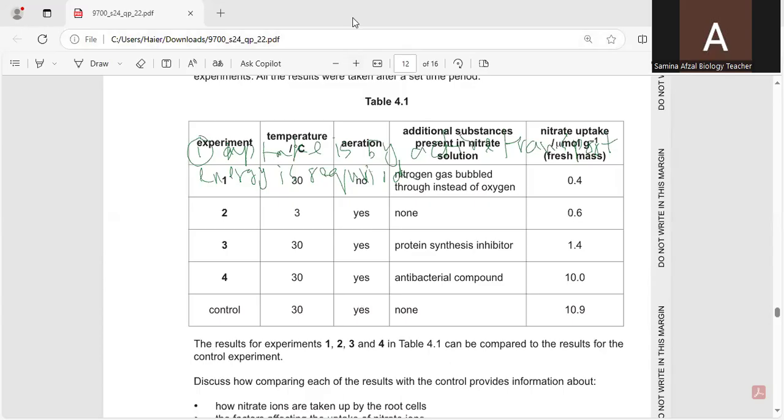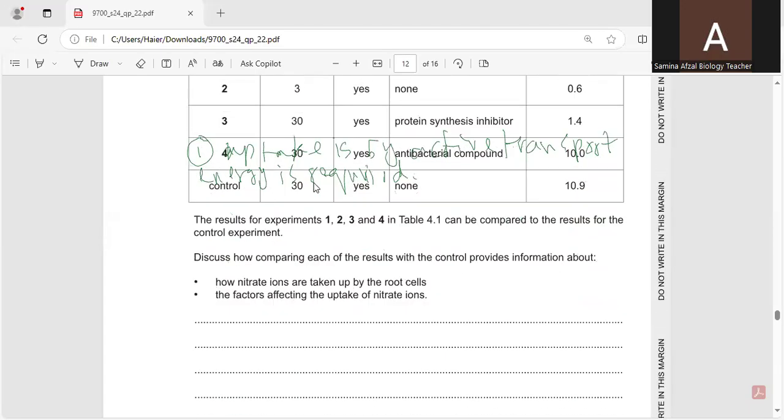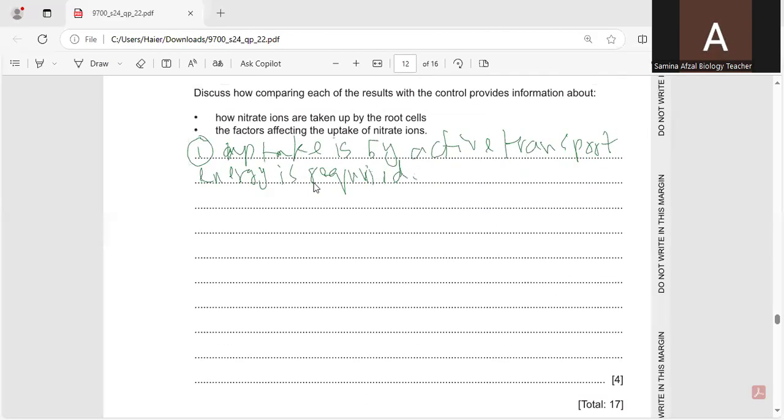So it also affects the rate of uptake. One factor is that ion uptake is by active transport, so it will be affected if energy is not available. The second, we can make a comparison between the requirement of oxygen.